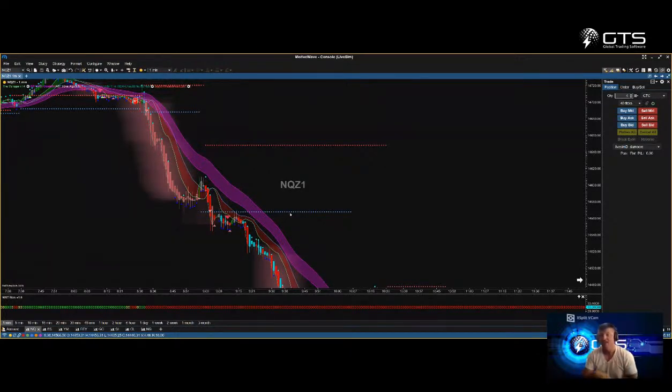Hindsight, again, still learning how to do all this stuff, right? But it never actually went back above this support level. Once it broke through, it stayed below it, which should have been an indication that that would have been a fantastic entry point for another trip down, right?